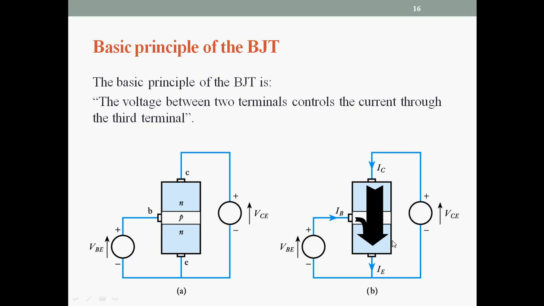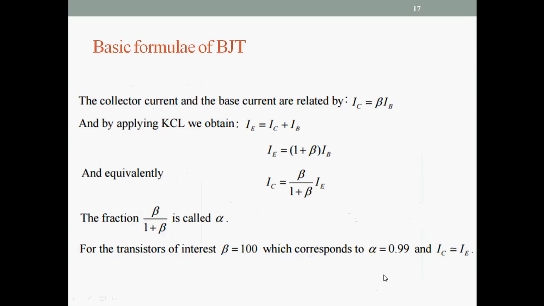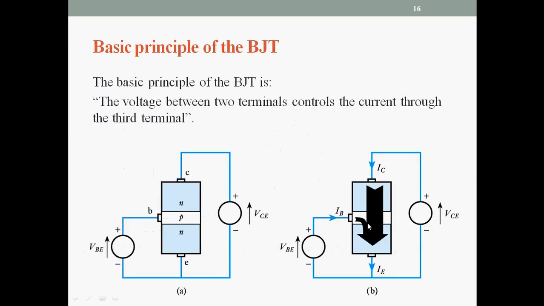So now from this diagram we can define what is the emitter current. Emitter current IE is the current because of the base current IB and collector current flowing into the collector IC. So we can define IE is equal to IB plus IC. The collector current and the base current are related by IC is equal to beta IB, and by applying the KCL we obtain IE is equal to IC plus IB, as we have already seen here.